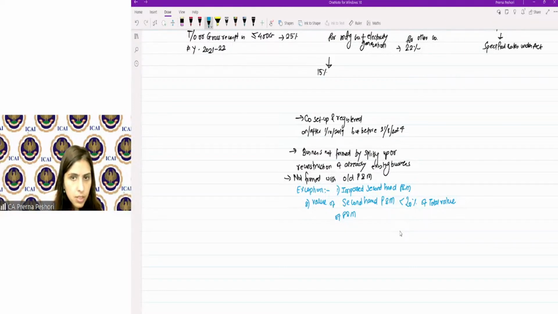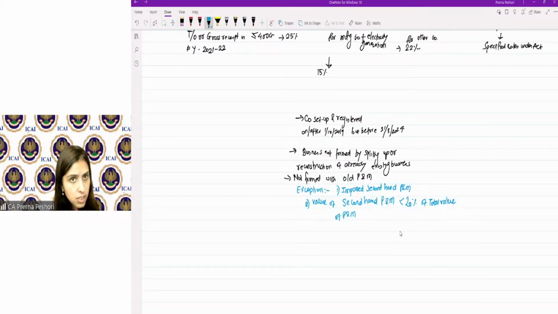Are we clear? Next, the company is not engaged in any business other than the business of manufacturing or production, or distribution of the article which is manufactured or produced by it. So it should be only engaged in the business of manufacturing and production, and along with it, it can also be engaged in distribution. That is only when you will be allowed this particular 15% tax rate.